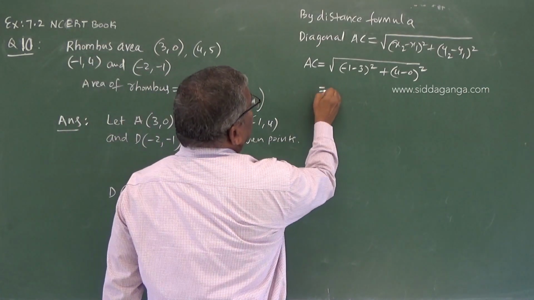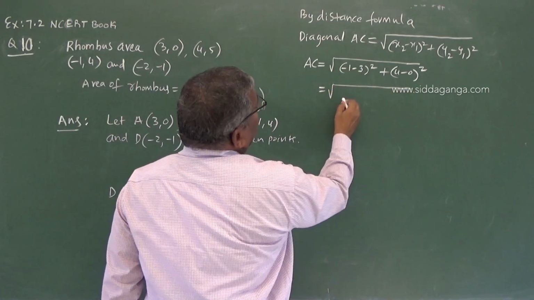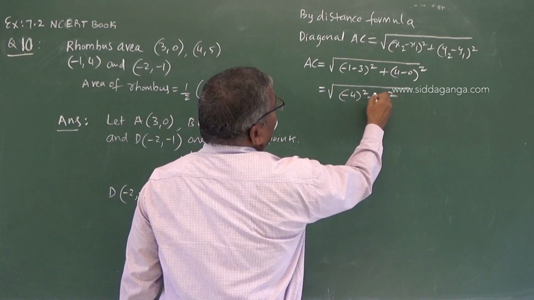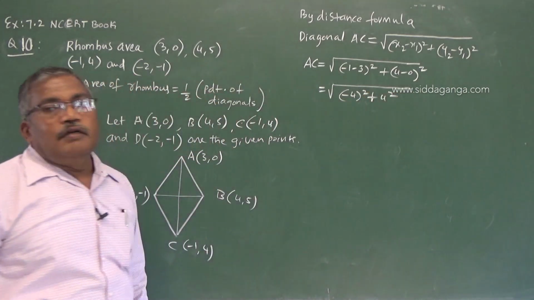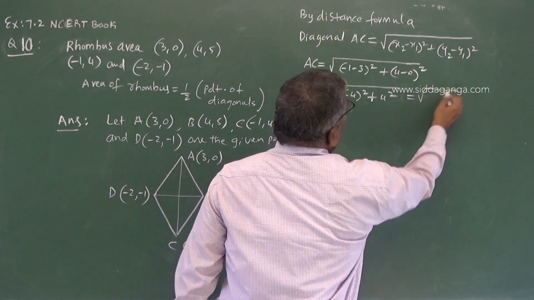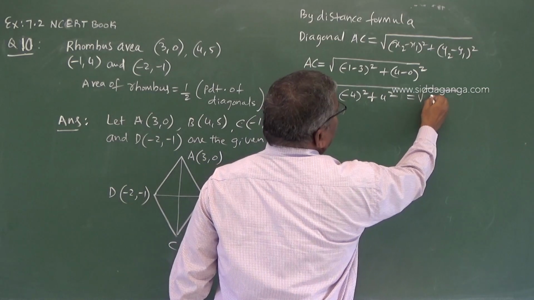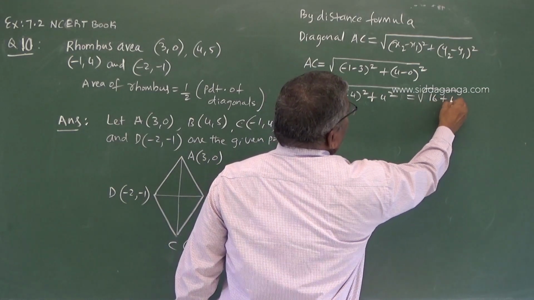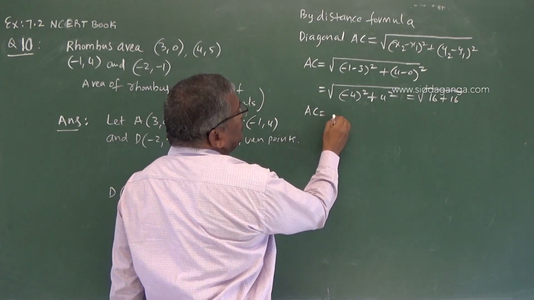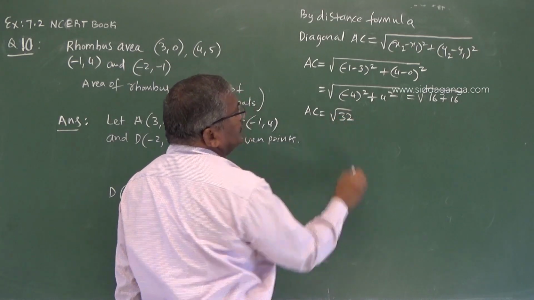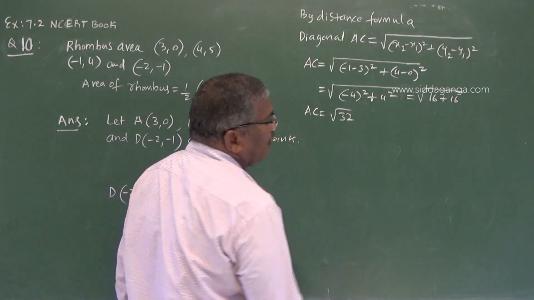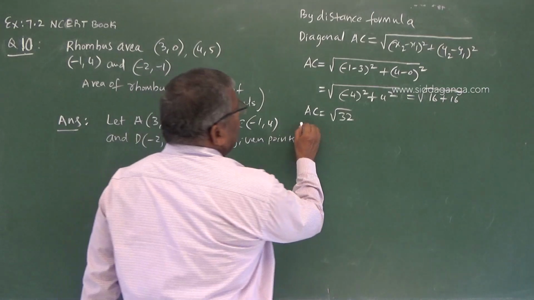So this equals square root of (minus 4) whole square plus 4 square. Minus 1 minus 3 is minus 4. So (minus 4) square is 16, 4 square is also 16. So AC equals root 32. Now keep it as it is.